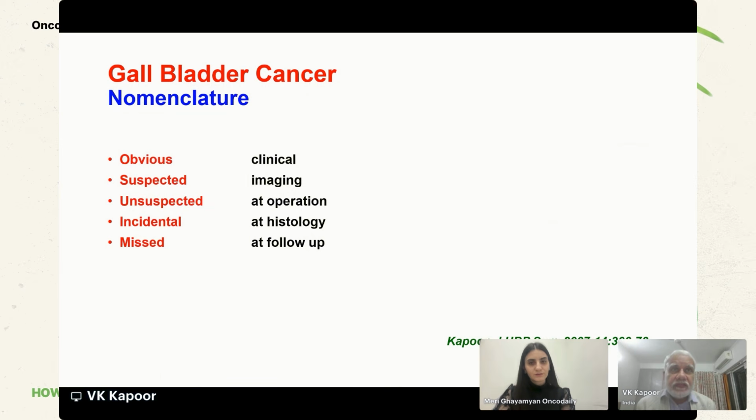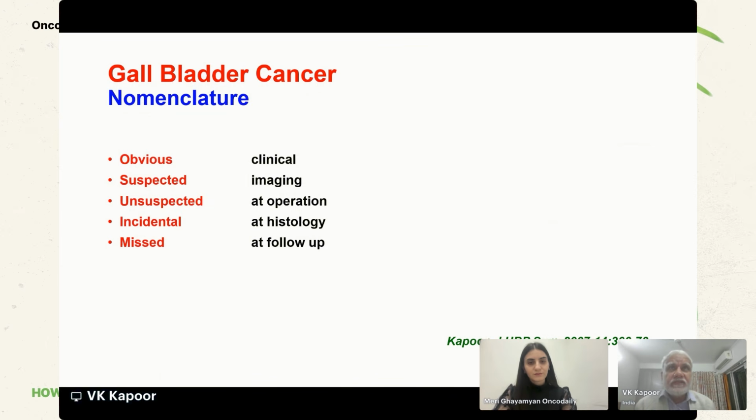On the other hand, if the history is like gallstone disease and ultrasound shows only stones and the wall is normal, but during the operation, we find that it is not like simple gallstone disease with chronic cholecystitis, that is what I suggest should be called unsuspected gallbladder cancer, because we did not suspect it on preoperative imaging. And then there are cases where we have completed the cholecystectomy and we have sent the gallbladder for routine histopathological examination with no suspicion, but the pathologist says that there is a malignancy. That is incidental gallbladder cancer.